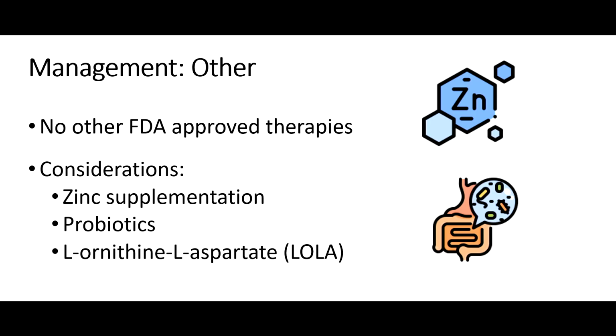But Lola's interesting. Lola is L-ornithine L-aspartate. Those are amino acids, and again, they feed into the urea cycle and help at the synthetic level to boost your ability to clear ammonia and the bad humors that build up. It's actually approved in other countries, and there are some prescription forms in India and other countries, but it's not FDA approved here.